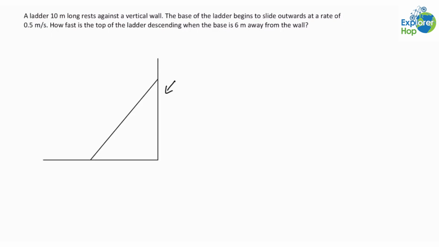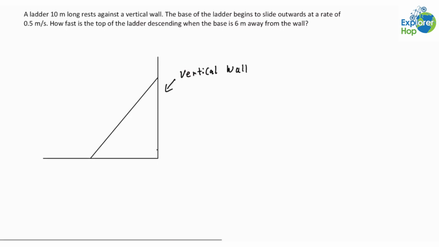So this is the vertical wall, and the ladder will rest against this wall to form a right triangle. And we know that the ladder is 10 meters long. So here's the ladder, and this side length is 10 meters long.